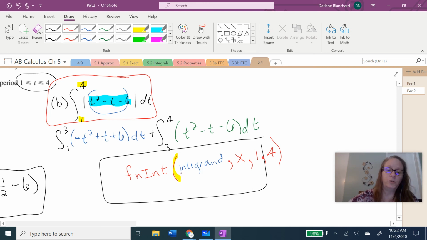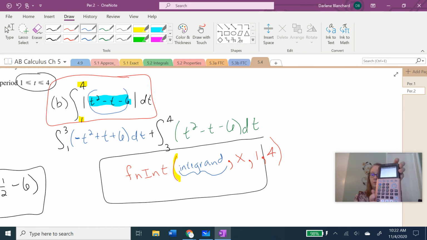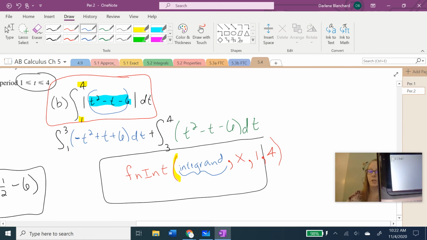Now, everyone needs to know how to type in the actual integrand function. And you need to know where absolute value is on your calculator. So, on your calculator, you have the math menu that we were just looking at.